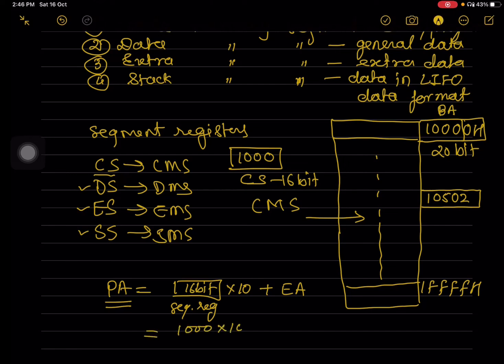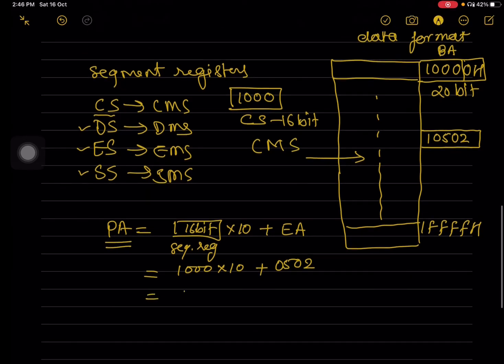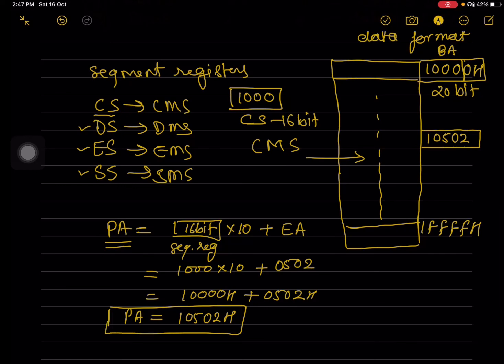It is multiplied by 10, so this becomes 10,000H, and it is added with the effective address of that location, that is 0502, to generate the corresponding physical address of that location, that is 10502H. This process is carried out in the summation unit of the architecture, which we have discussed in the architecture video of 8086.